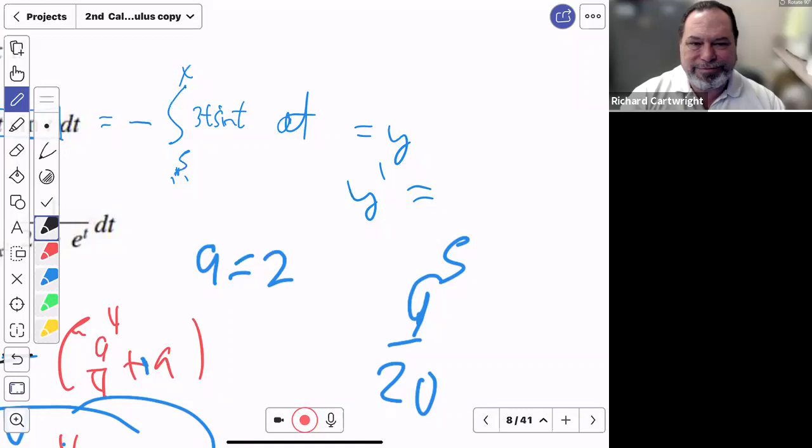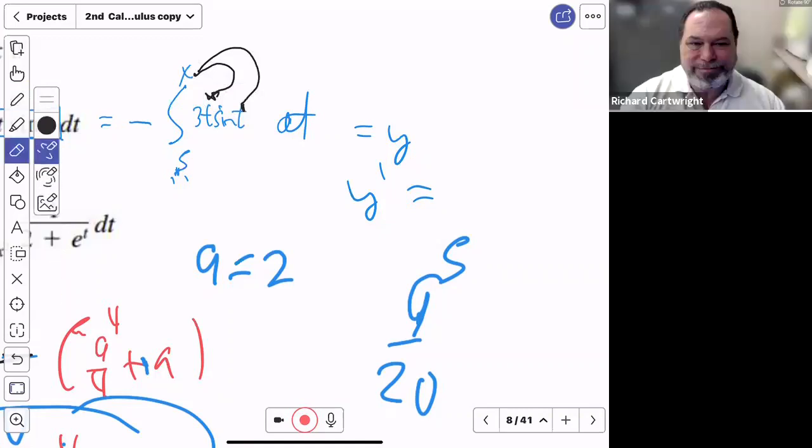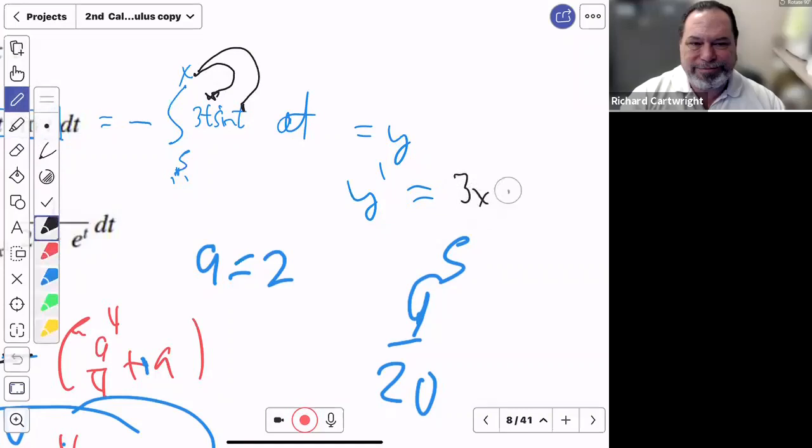What happens to that x? Where does it go? In the place of t. So the shortcut answer is exactly what everyone's saying. I should be writing 3x sine of x.